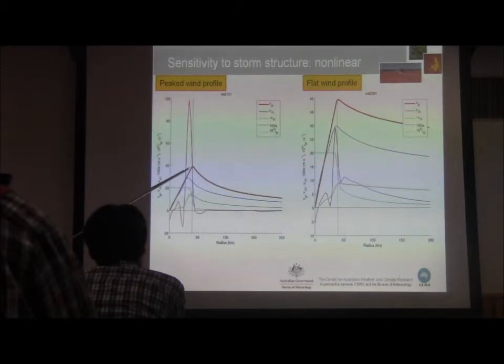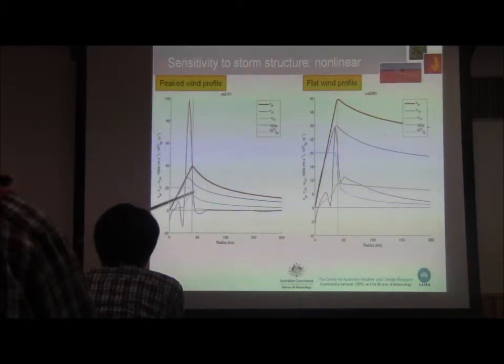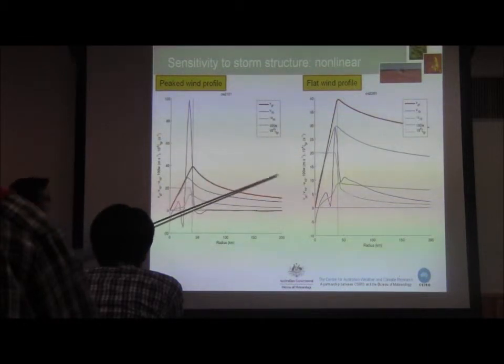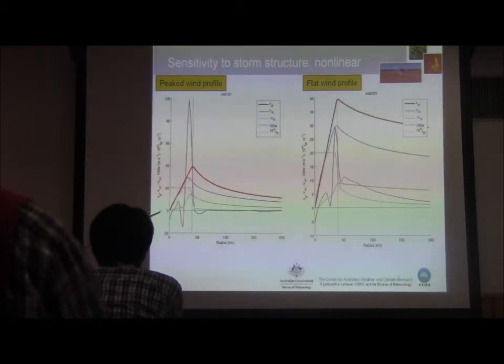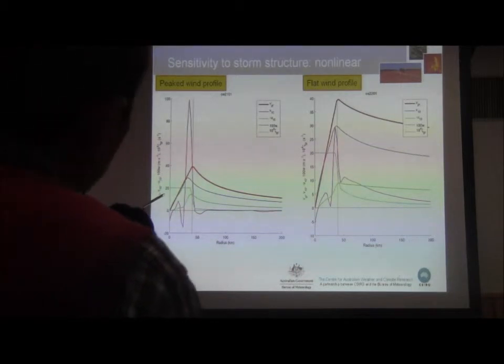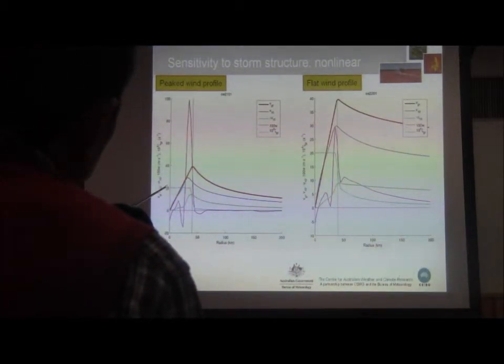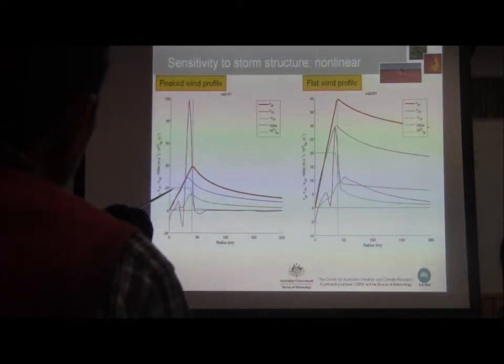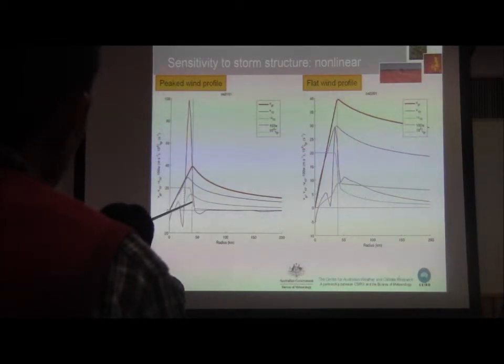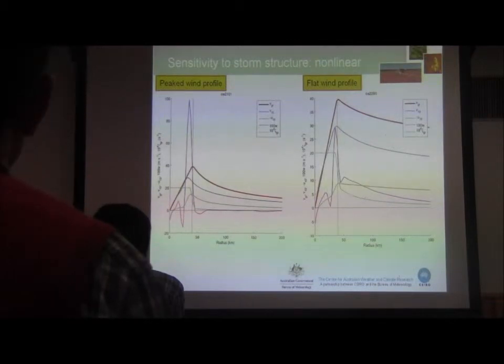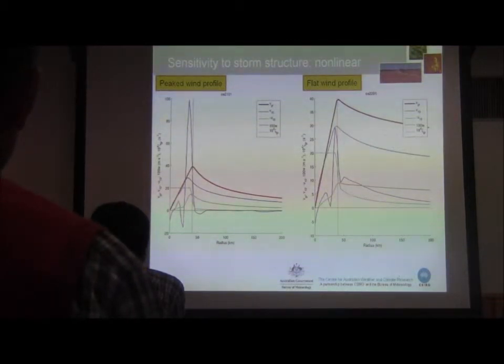In each case, the maximum wind is 40 metres a second at a radius of 40 kilometres, and I'm sorry I've got different axis scales here. I didn't notice when I plotted them until it was too late. So the vorticity in the eye is the same in both cases. And in this one, we have a very narrow skirt. So these are modified Rankine vortices.